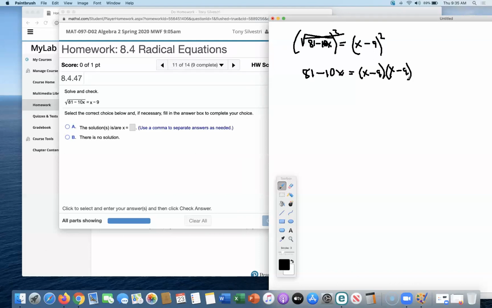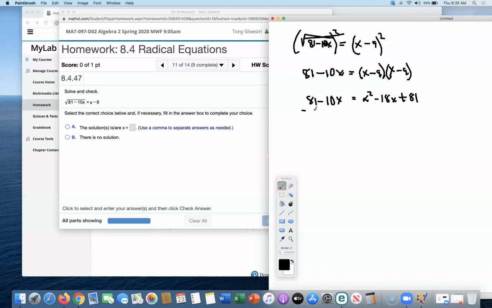Equals x squared, minus 18x, outer and inner added together, plus 81. I'll put the 81 over here, minus 10x. I'm just bringing that down.